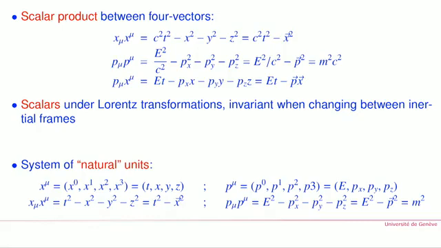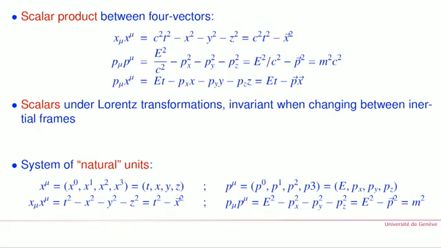More generally, the scalar product is thus defined as the product between a covariant and a contravariant four-vector. When the same Greek index shows up in the two, implicit summation over this index, which runs from 0 to 3, is assumed. The first example here represents the norm squared of the space-time four-vector. The second example shows the norm of the energy-momentum four-vector, which is the square of the invariant mass.